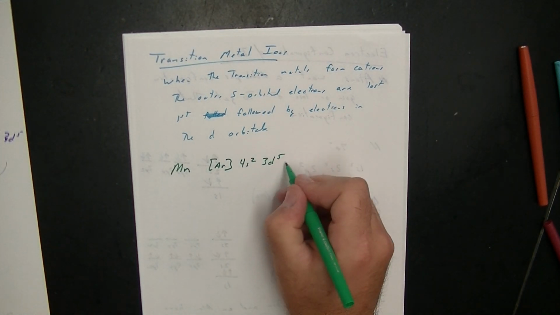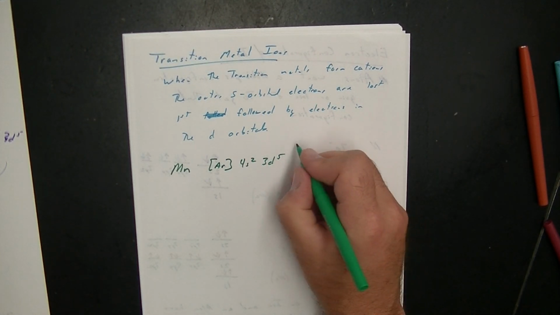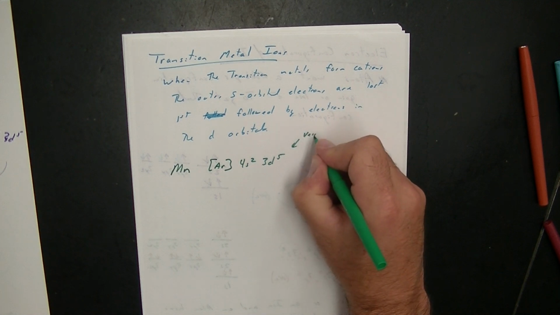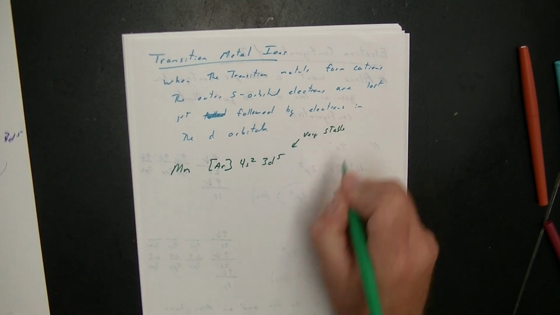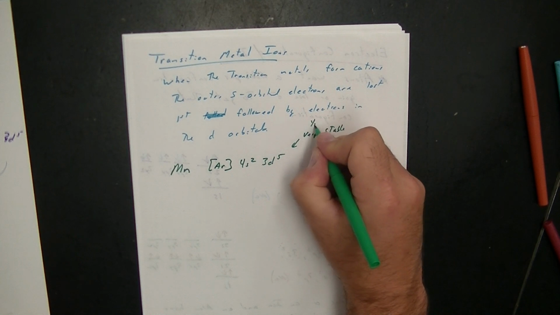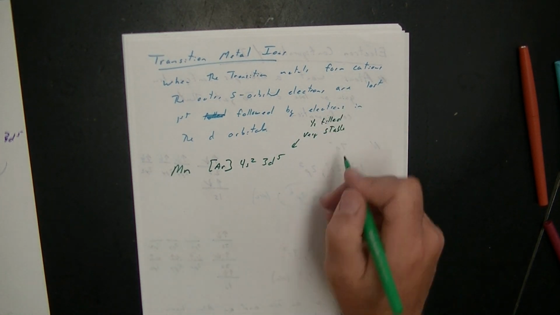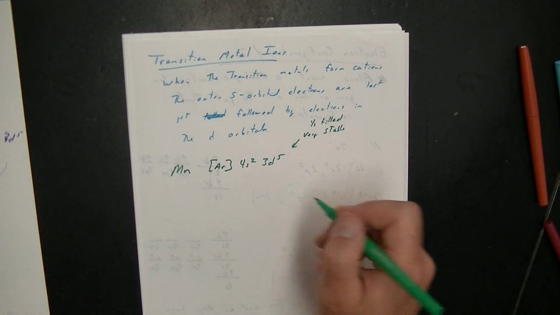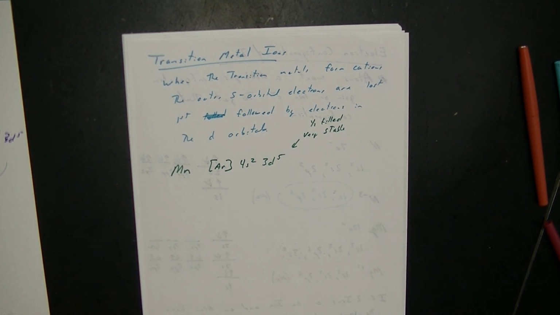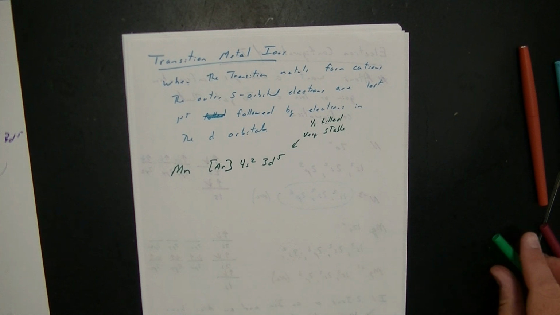Now remember, a half-filled d orbital is very stable. So what happens in manganese is it likes to form a +2 ion.